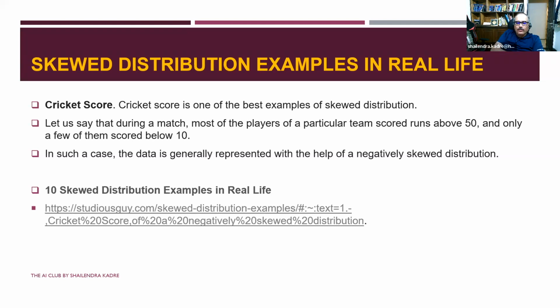But any bowler will generally be out on 10, 15, 20, like that. Or if sometimes he's very lucky, he will make 70, 80. And sometimes very, very lucky, he will score a century also. But in very, very rare cases. So skewness in this case will be very high. So that is one example of skewness.